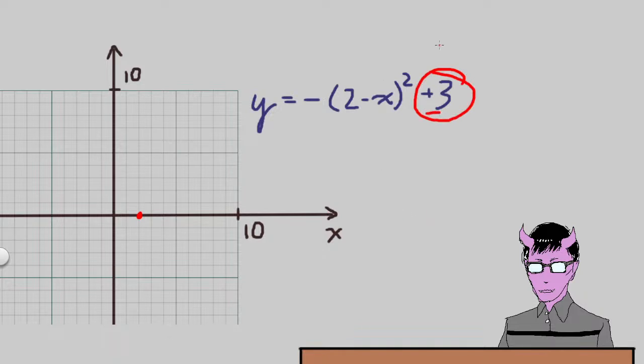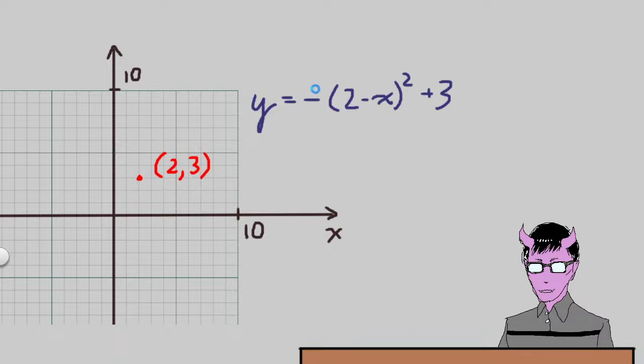It's 3 spaces upwards because the y values are increased by 3. So again, 2 spaces to the right because positive 2 subtracted from 2 gets you 0. 3 spaces up. So 1, 2, 3. There's our new vertex located at positive 2, comma, positive 3.